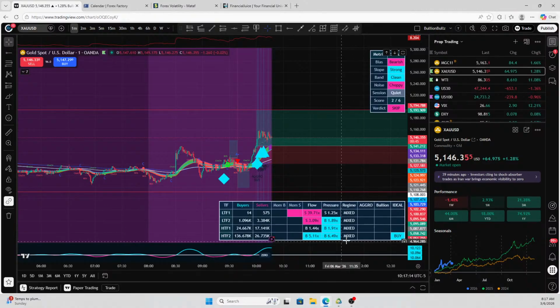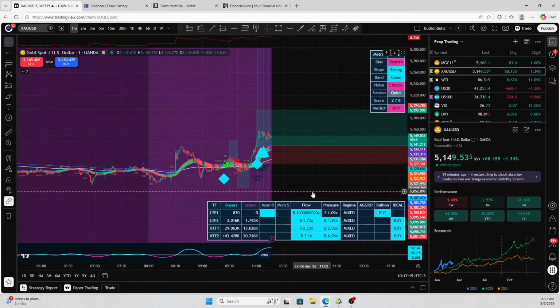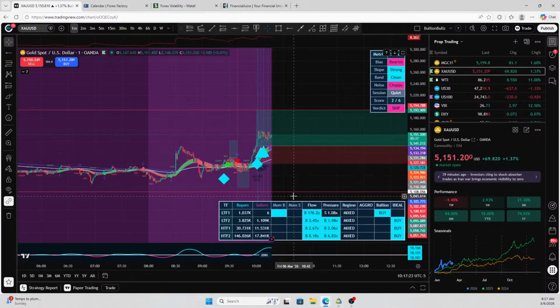Right now the pressure is still strong, and we're going to be holding our trade. We might see a good push coming in soon.